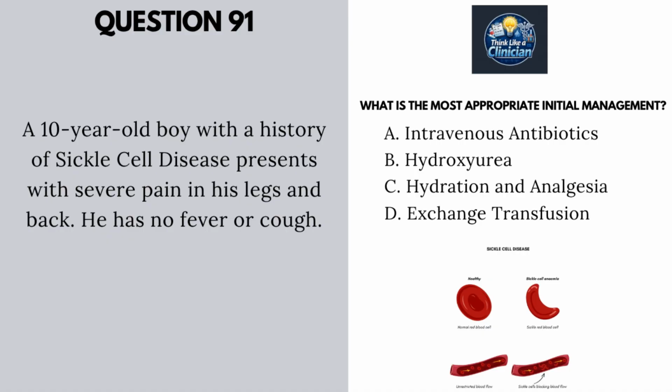Stable respiratory system, given that there is no cough, and there's no mention of the SpO2. Infection screen could be negative. He's afebrile in this case, so we're not suspecting any kind of infection. Hemodynamic stability has not been mentioned quite well, but we can also relate to it.